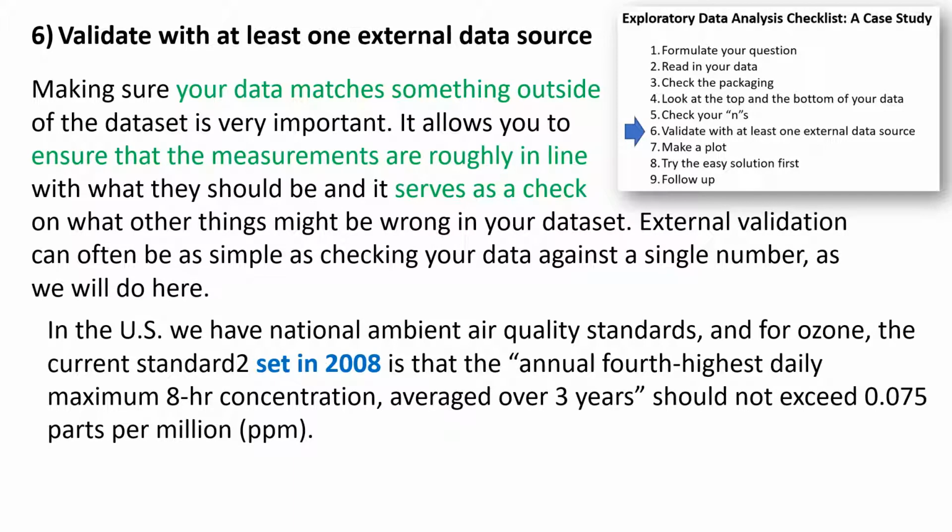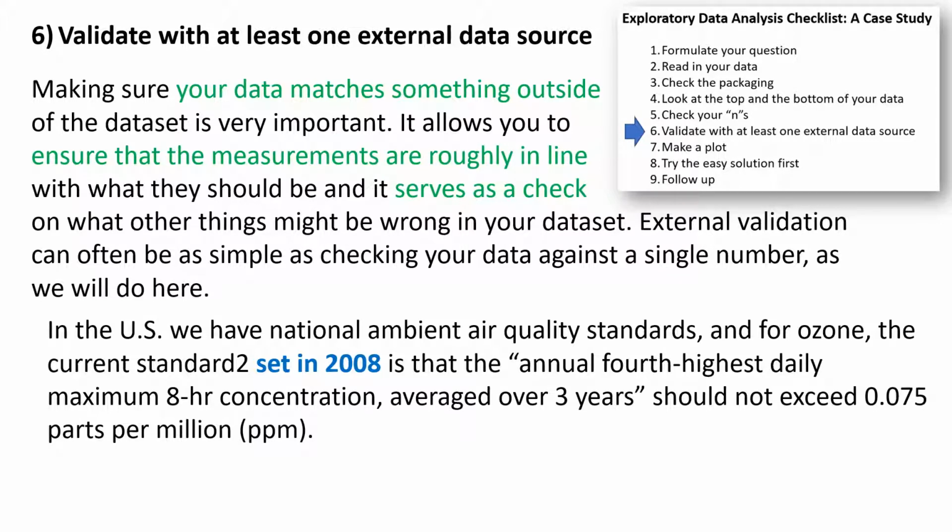I found that there is a standard that was set in 2008, and it says that the annual fourth highest daily maximum 8-hour concentration averaged over 3 years should not exceed 0.075 parts per million, ppm. Now, when I first introduced the data, I didn't point it out, but those values under ozone have a unit of parts per billion. So they're listing parts per billion, while this standard is parts per million.